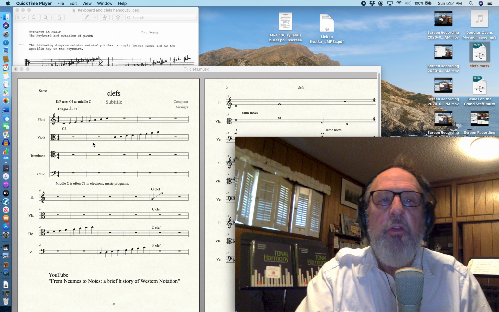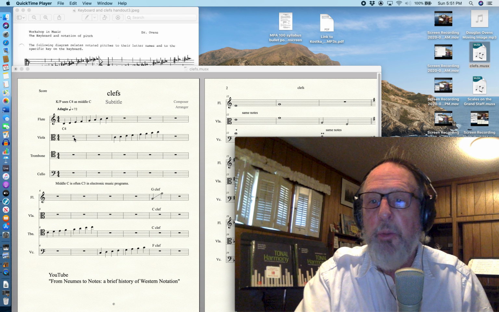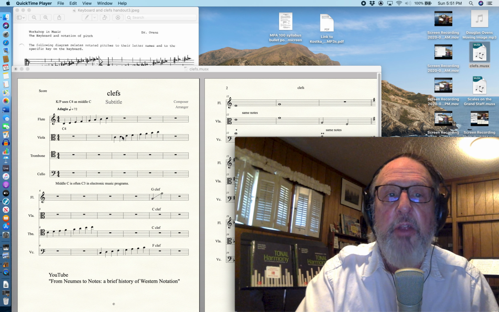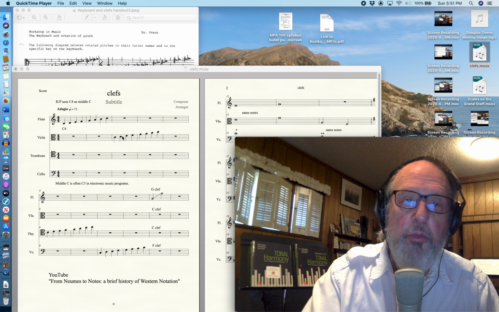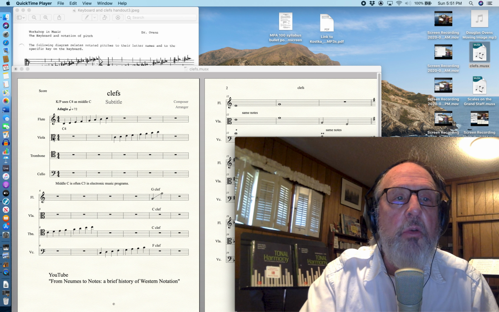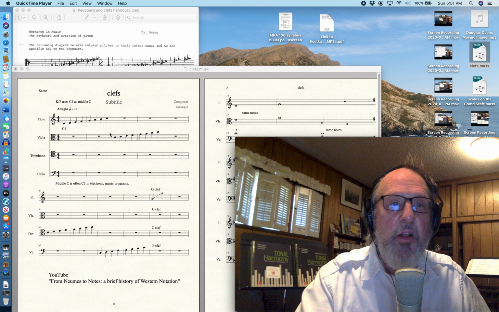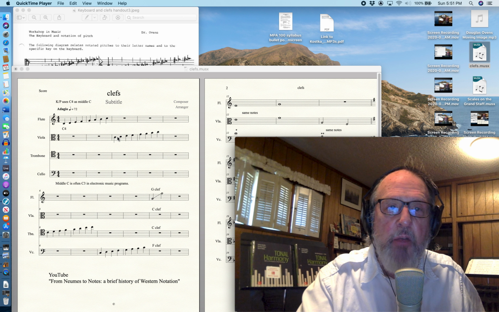The alto clef is what viola players play all the time. This is very familiar to them, although for most of the rest of us it's not so familiar. But this middle line right here, where these 2 lines come together, notes the note middle C. So this scale here is the same scale as this scale here in sound.